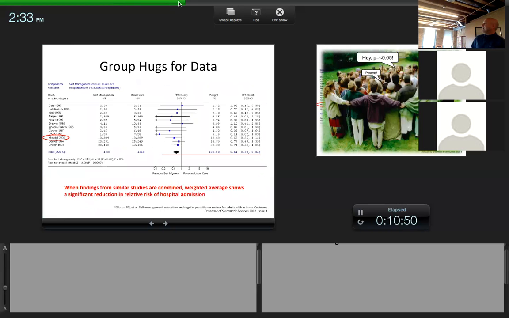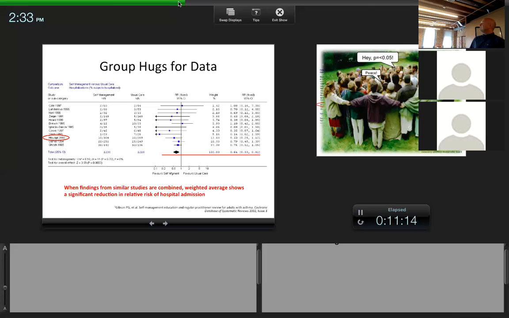So if we have a look down here now, we've got a huge number of studies. Do any of them show a statistically significant effect? No, and the key reason for that is these low numbers of events. Happily, most adults with asthma aren't getting regularly readmitted to hospital. Right? But when we pull them all together, look at the pooled effect size.